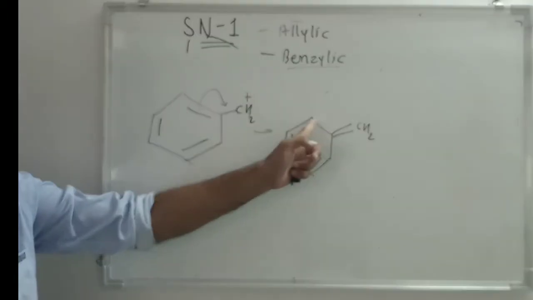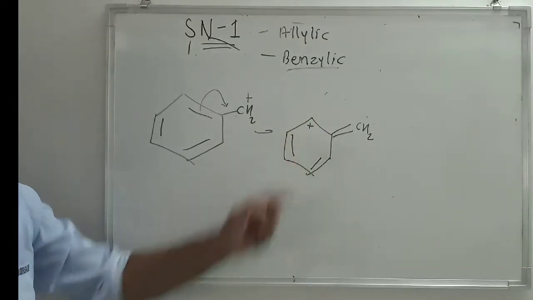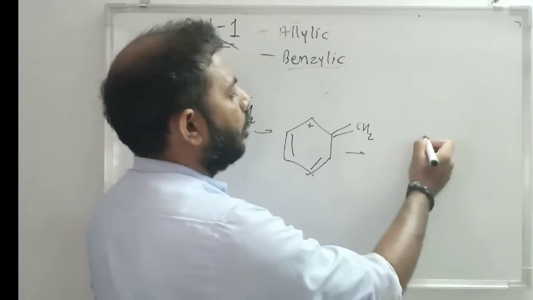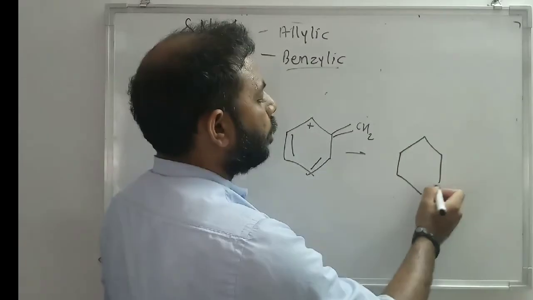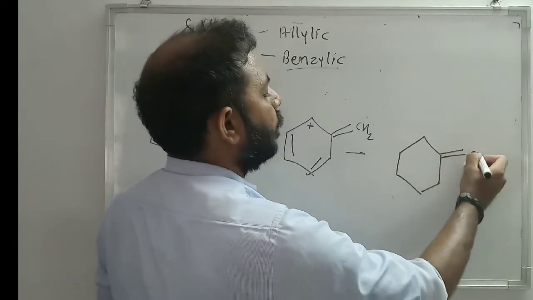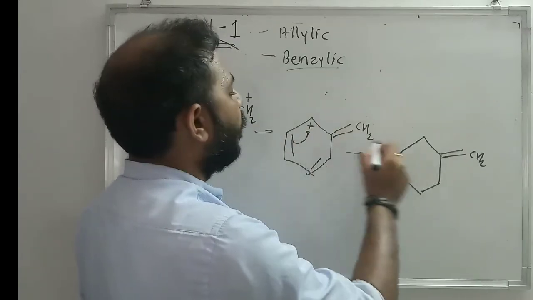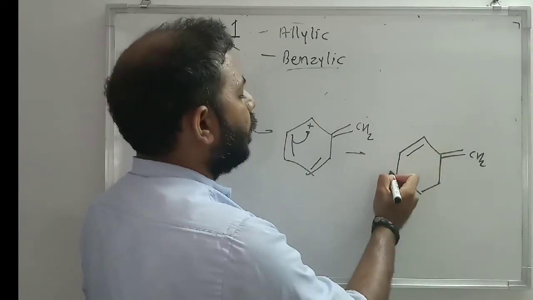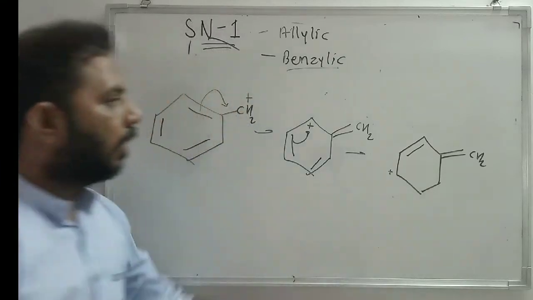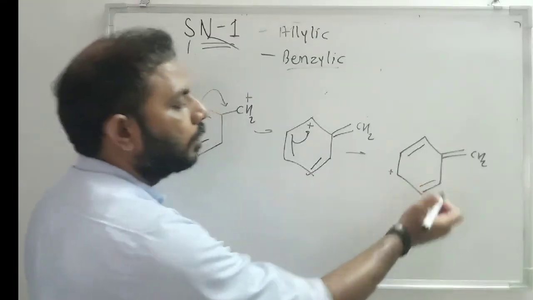Now this positive charge will attract pi bond electrons, so these electrons will be shifted over here, so here positive charge will come and here the pi bond will be there.